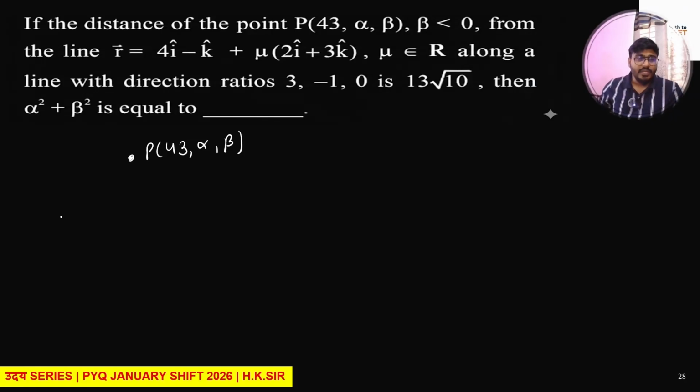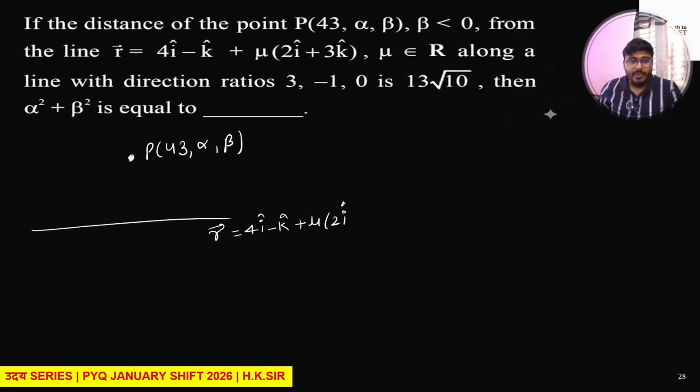The distance of this point from the line is given: r vector equals 4 i cap minus k cap plus mu times (2 i cap plus 3 k cap), along a line with the direction ratio. They are saying that this distance is 13 root 10.